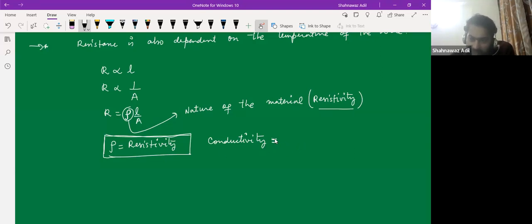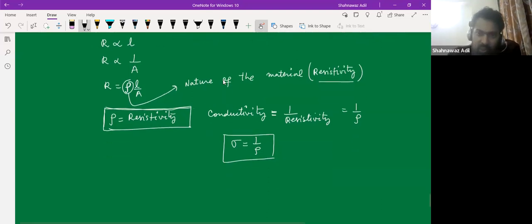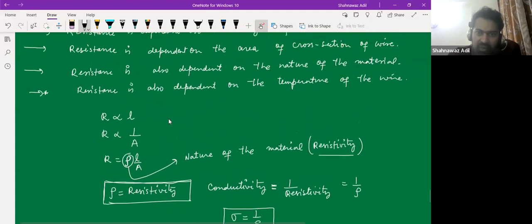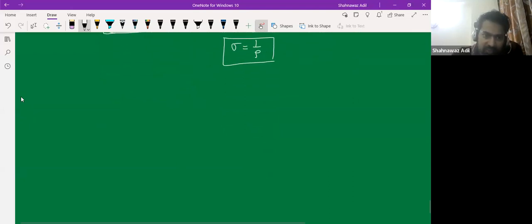So conductivity is the reciprocal of resistivity, that is 1 by rho, and conductivity is represented by sigma. So we have two things: one is resistivity, the other is conductivity.